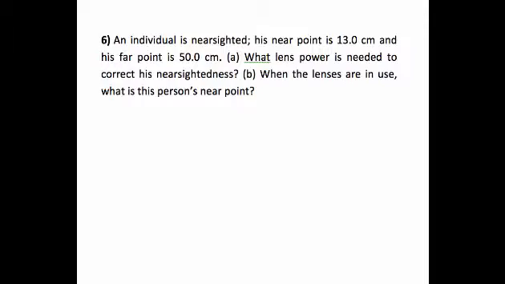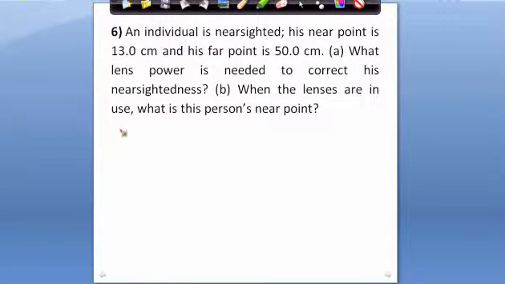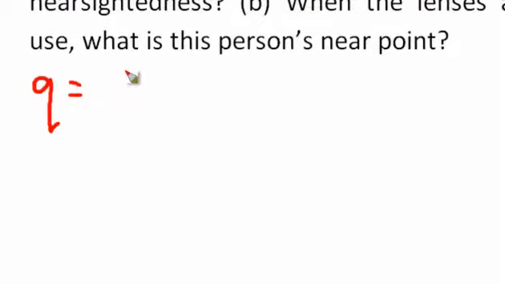To correct that, the lens should produce an image at 50 centimeters in front of the person. Since it is produced on the same side as the object, in front of the lens, it is minus 50 centimeters.